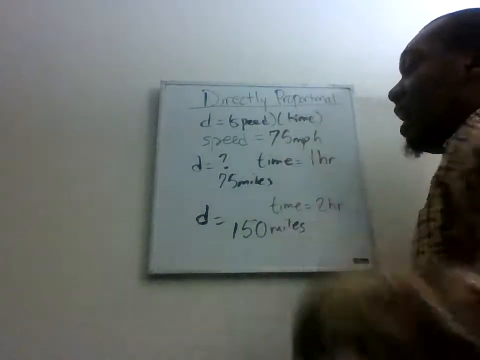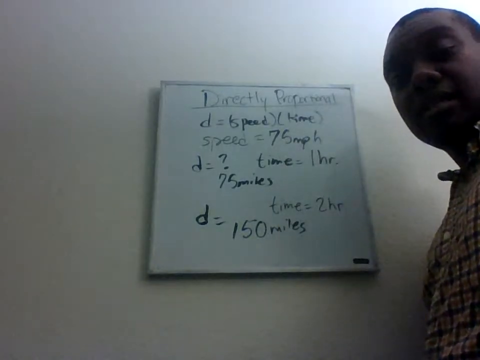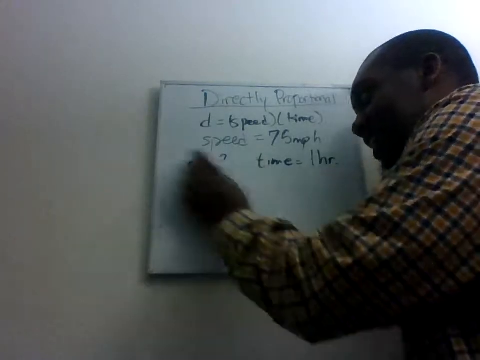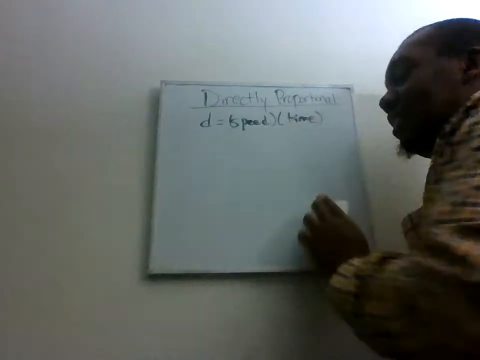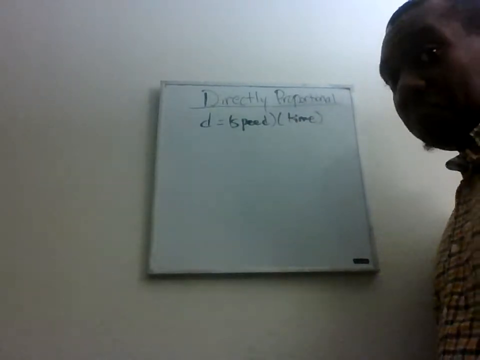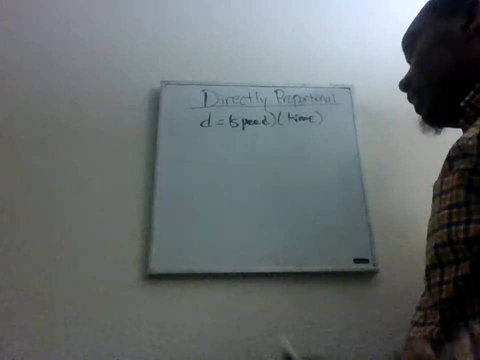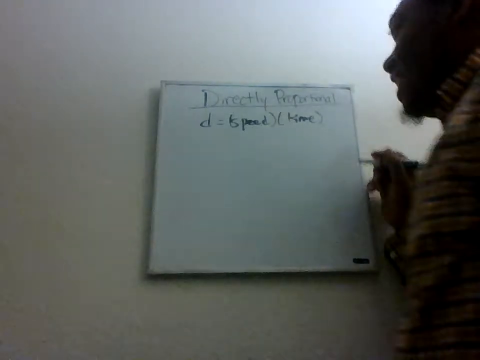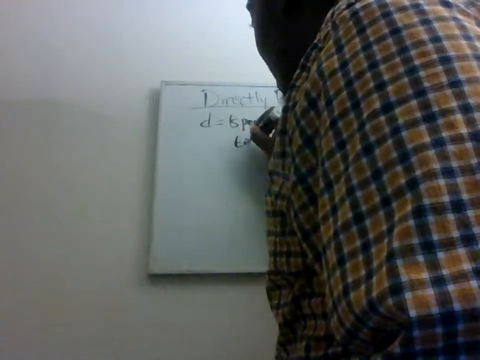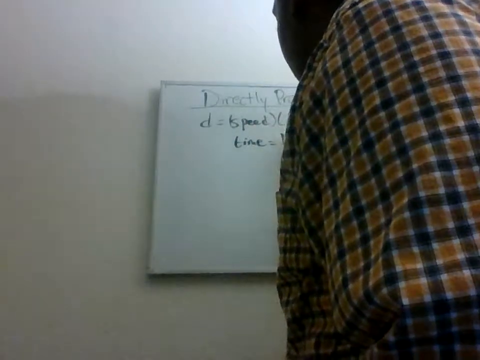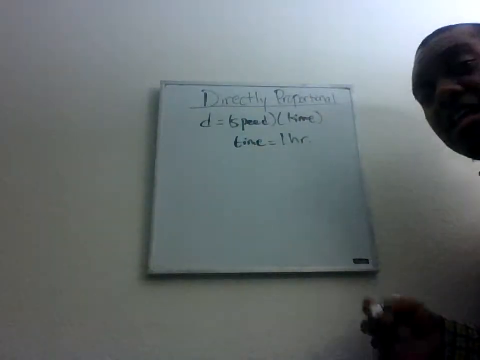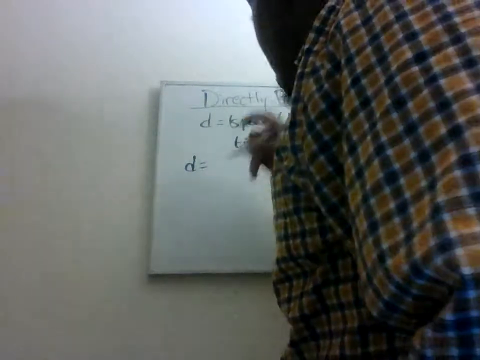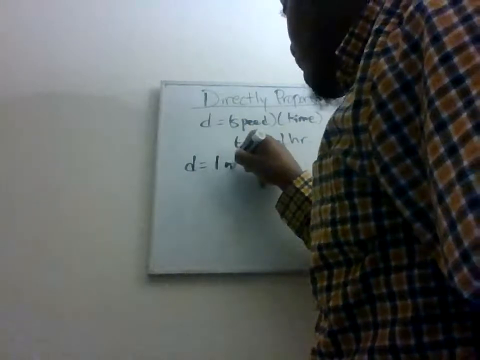Well, let's say the time stays constant. This is a constant thing for me actually. All right, I only have 1 hour to get kind of far. Well, let's start off slow. So let's say my time is 1 hour. And let's say I need to go a total distance of 1 mile.